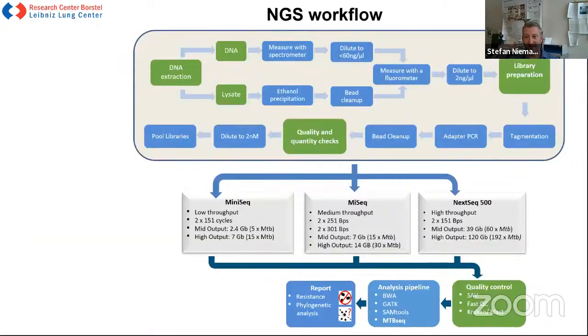This cartoon should just show you the lab workflow for classical Illumina sequencing, what we set up in our laboratory. It is basically not as simple as one may think, but I must also say it can be established in different flavors, and we also managed to establish the workflow for whole genome sequencing in high incidence settings.